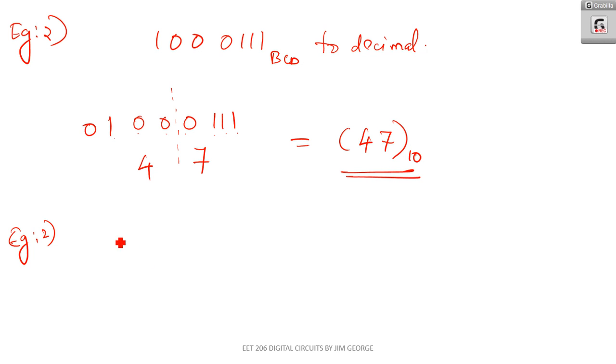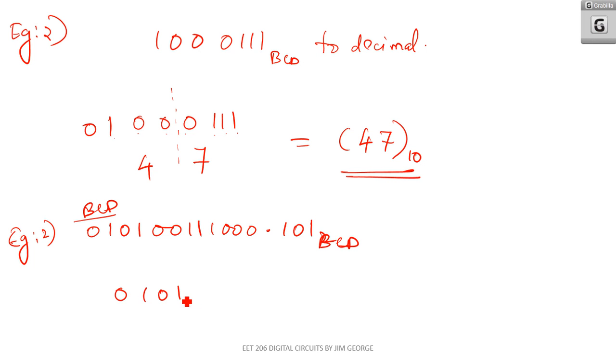The question is 010101010011 1000.101 to the base 2, and this is basically a BCD code. So you take 4-bit segments. I will write 0101 0011 1000.101.